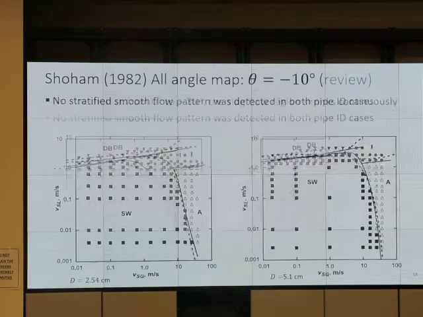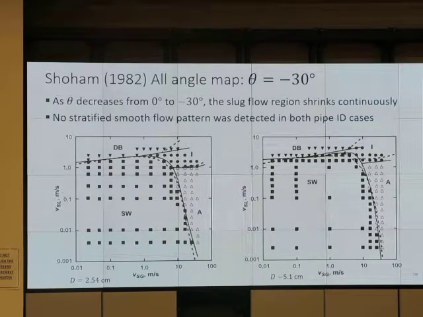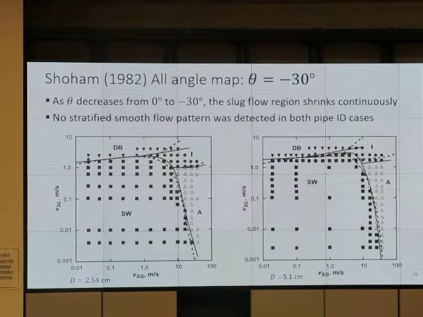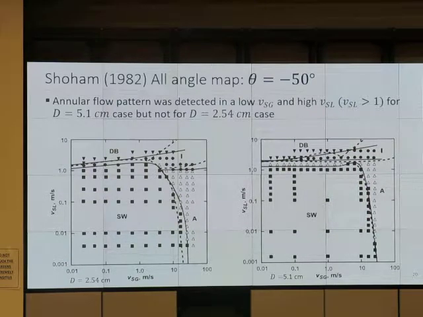Okay, -10, -30, intermittent flow shrinks, stratified wavy expands a lot, annular flow stays. At -50, oh look, what happened? Annular flow kind of climbs up on top of stratified wavy.